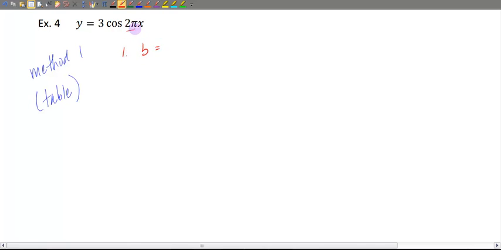In this case, b is 2 pi. So the period of my function would be 2 pi over b, which would be 2 pi over 2 pi, which is just 1. So that tells me that the interval that I'm looking at now is just between 0 and 1.